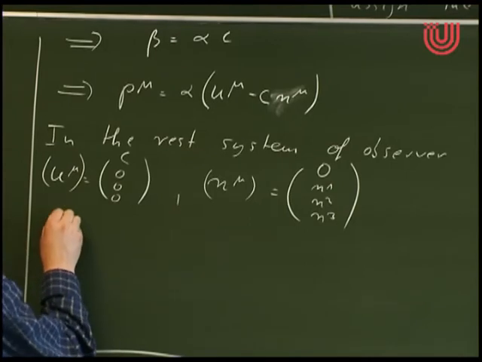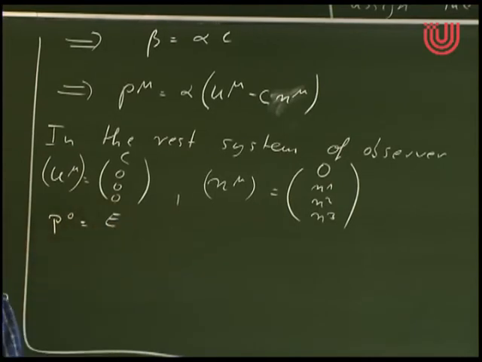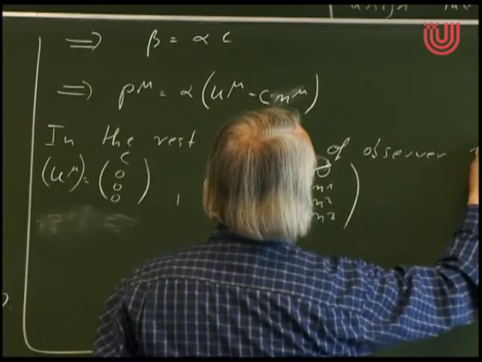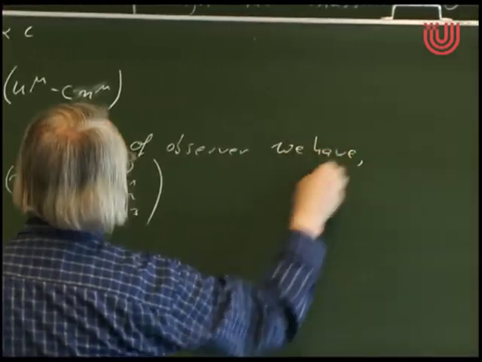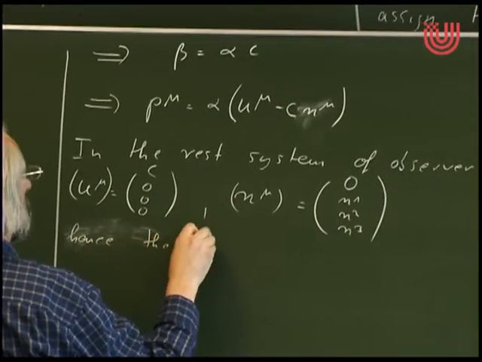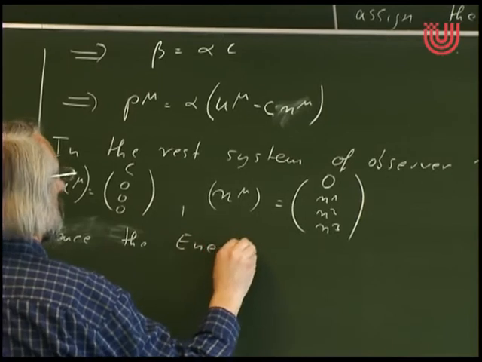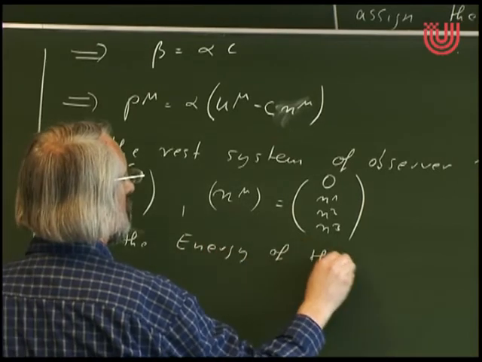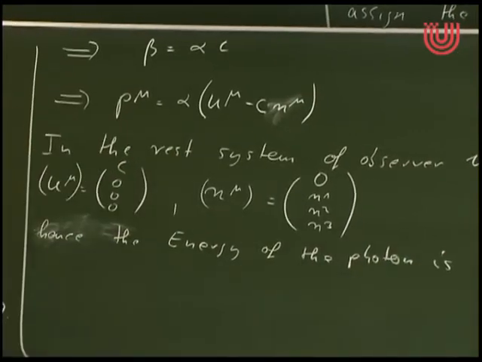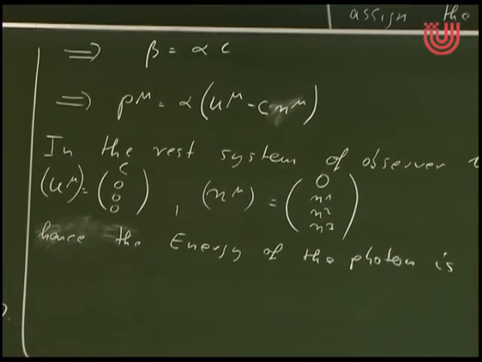So we have p naught in the rest system. Hence the energy of the photon is something which is related to alpha in the following way.